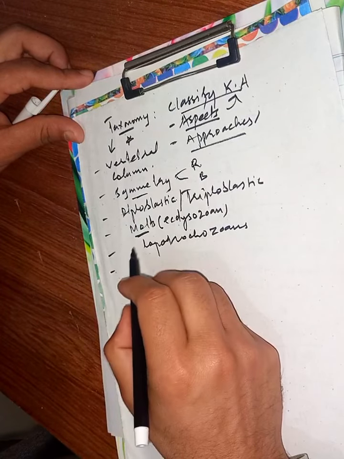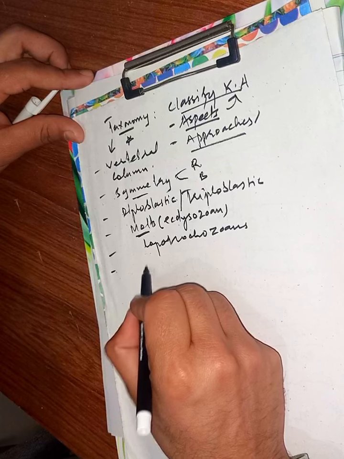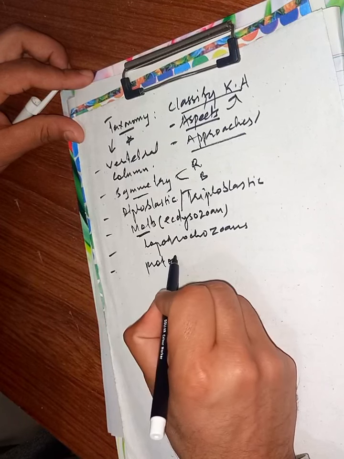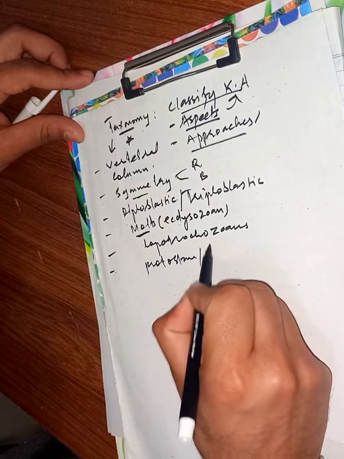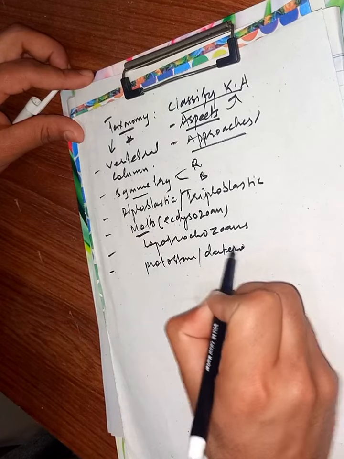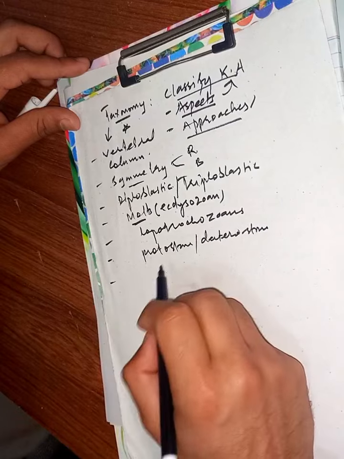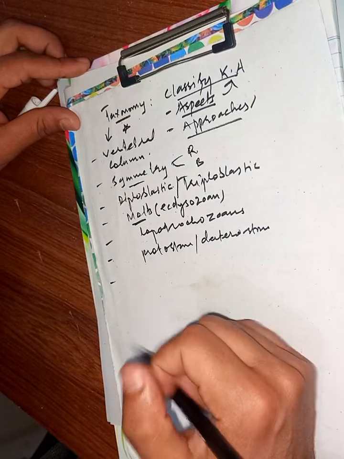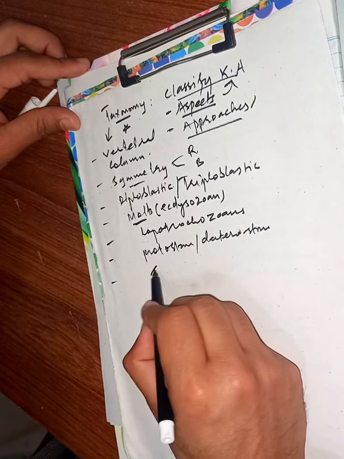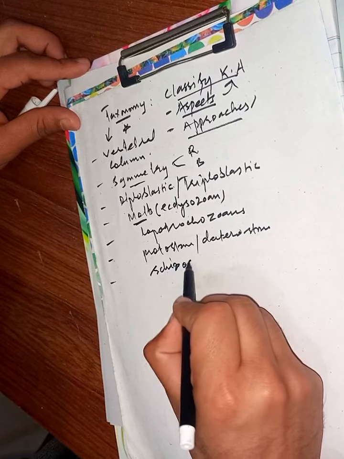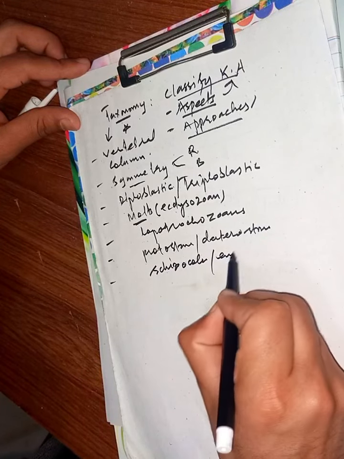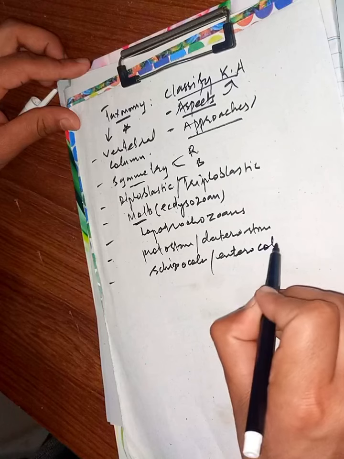You can also classify them based on whether it is protostome or deuterostome. You can also classify the kingdom Animalia based on the origin of the coelom, whether it is schizocoelous or enterocoelous.